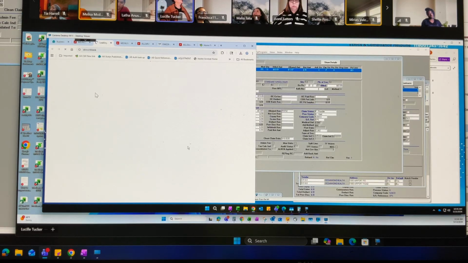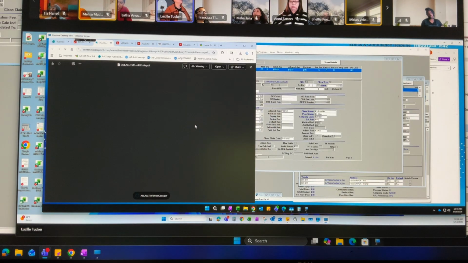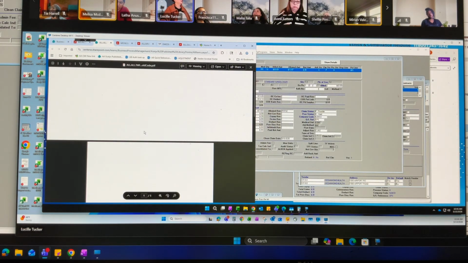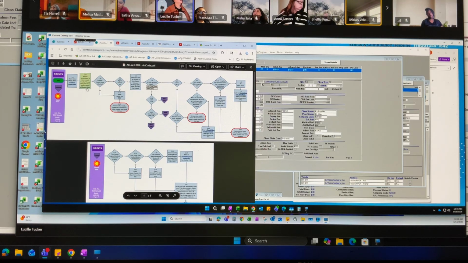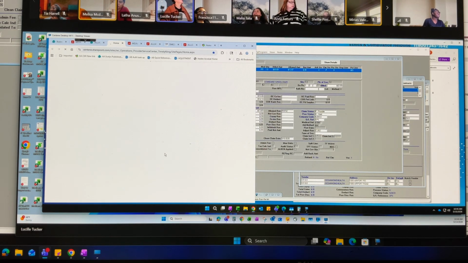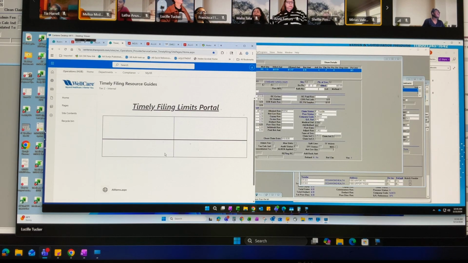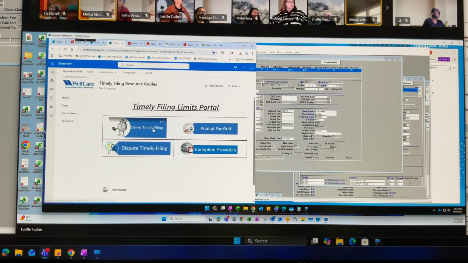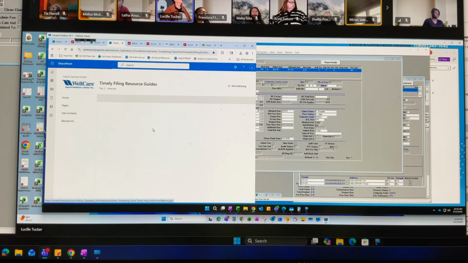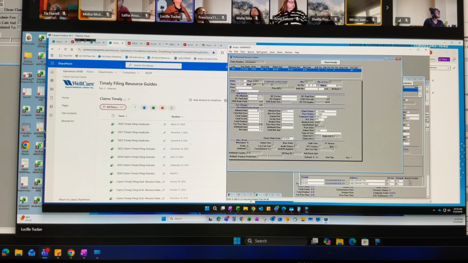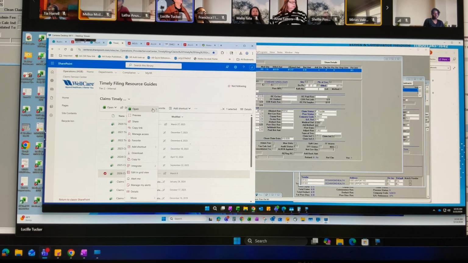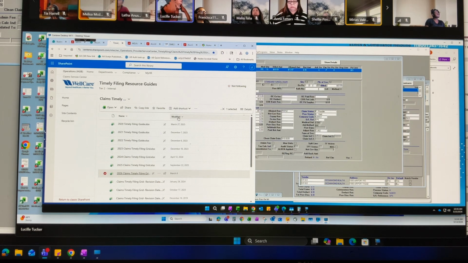to verify what the timely filing is for New Jersey Medicaid. And from this link, I'm going to the timely filing grid SharePoint. I'm going to open timely filing. My claim is in 2026, so I'm going to come down here and open the timely filing grid in the app.